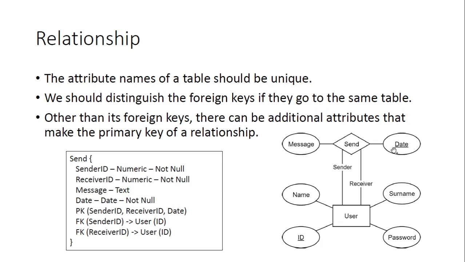But in the ER diagram, since the date is also marked as a part of the primary key for this relationship, we also included date. Since it is a part of the primary key, we said not null for sender ID, receiver ID, and date together, so that they form the primary key of this table. Date has date type data, and sender ID and receiver ID have numeric data.